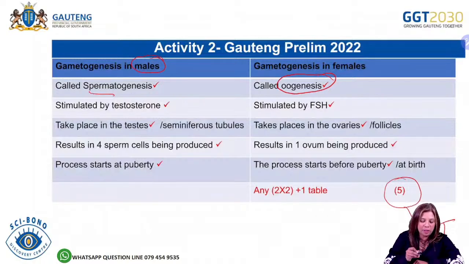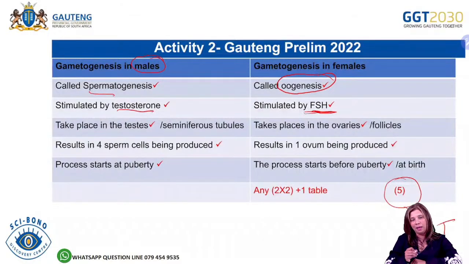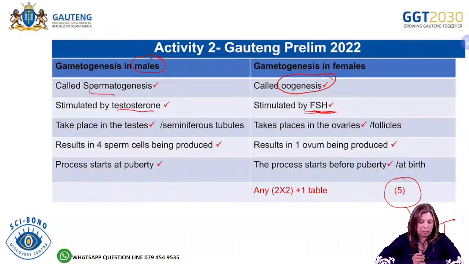Okay, stimulated by testosterone, and this is stimulated by the follicle stimulating hormone. Okay, remember we did these when we were doing puberty in males and females. Okay, the site at which gametogenesis in males takes place is in the testes, or in the seminiferous tubules of the testes.